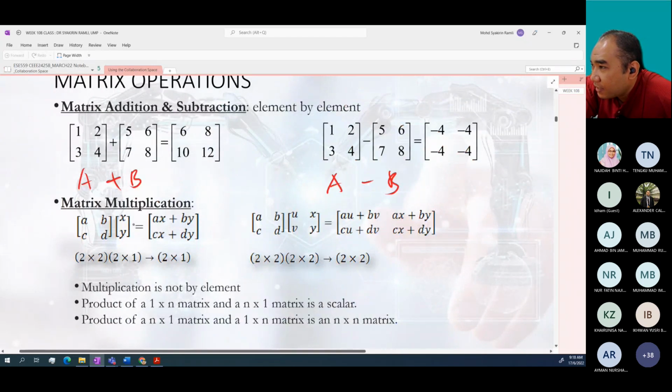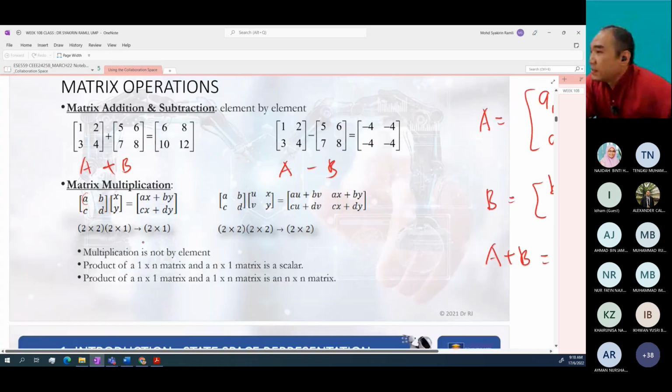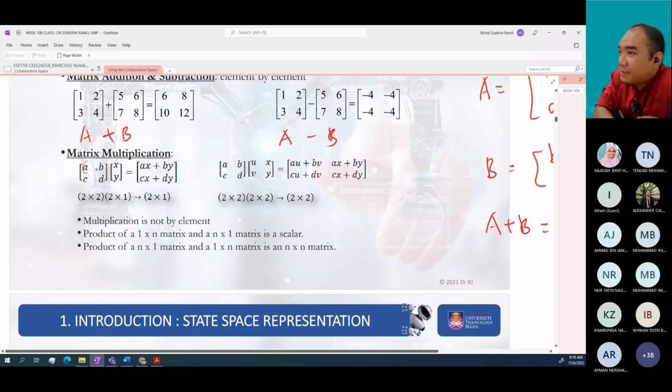A darabkan dengan X tambahkan dengan B darabkan dengan Y. Sama juga for the second row, we got C multiply by X tambahkan dengan D multiply by Y.